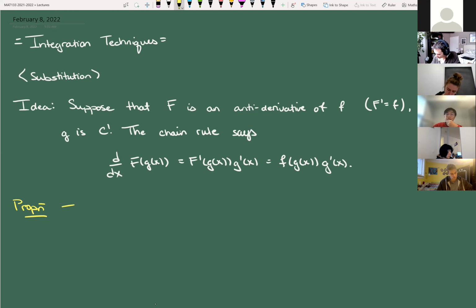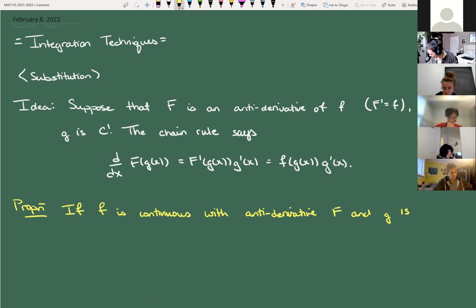So, proposition: if little f is continuous with antiderivative big F, and g is C1, then F composed g is an antiderivative of (f composed g) times g prime, right?